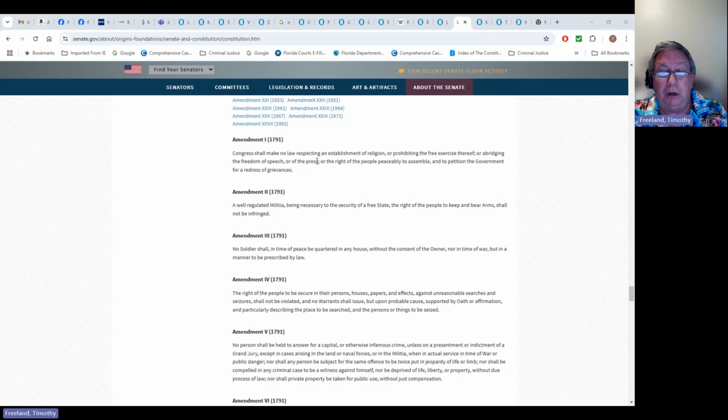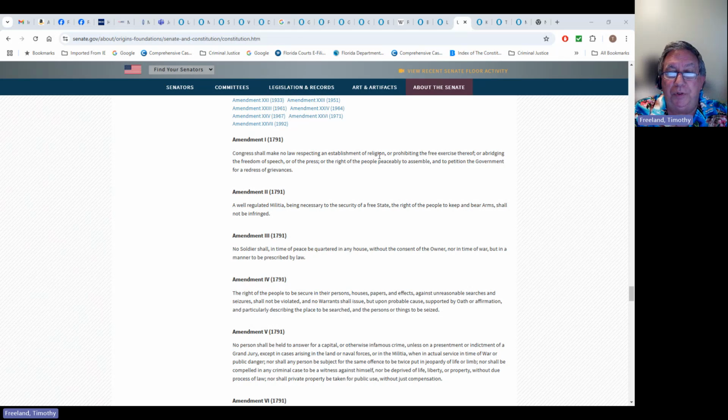But here they are. Congress shall make no law respecting an establishment of religion or prohibiting the free exercise thereof. That's the religion clause. Or abridging freedom of speech, or of the press, or of the people peaceably to assemble and to petition the government for a redress of grievances. So there are all these different rights jumbled together under Amendment 1.